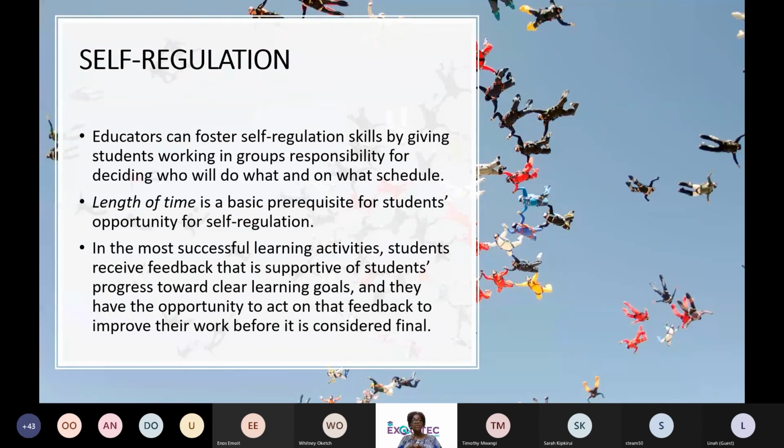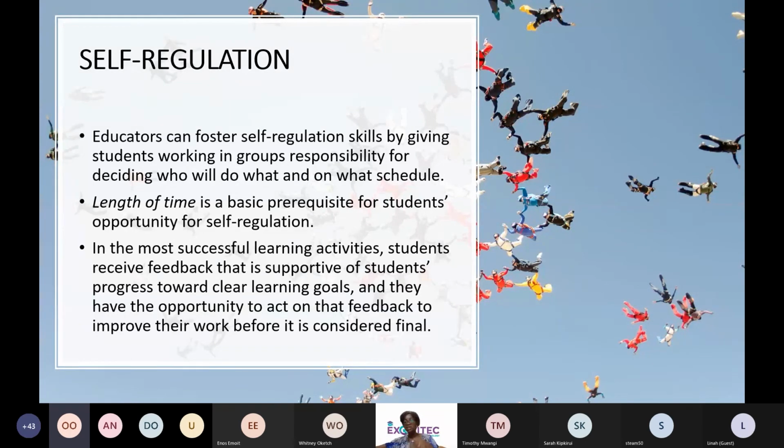So most times where self-regulation comes in, there's also collaboration in it. But the difference there is that the activity requires some length of time. It's not something that should just be done in a day or two. So the length of time is a basic prerequisite where self-regulation is concerned.